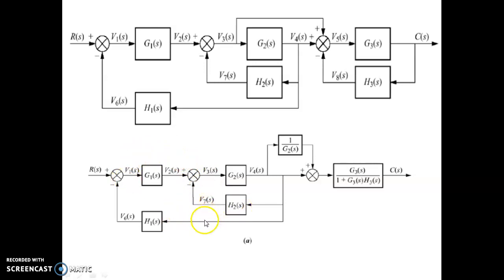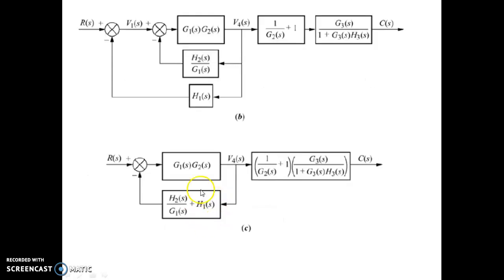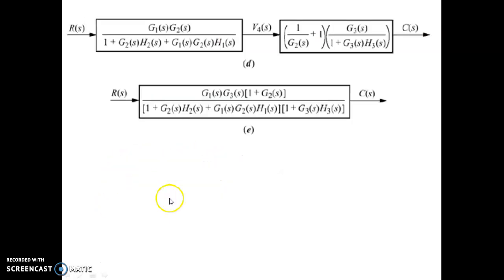Then I added both the lines, right? I added both the lines. It becomes parallel. So adding both feedback lines. Then internal feedback loop. Then you will get the transfer function.